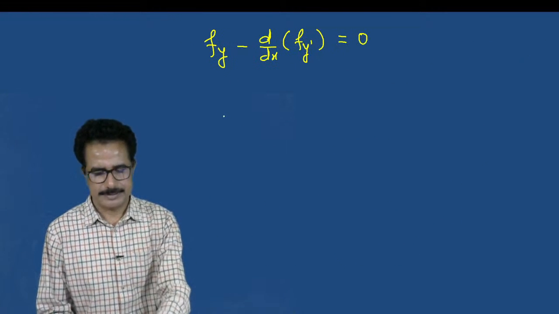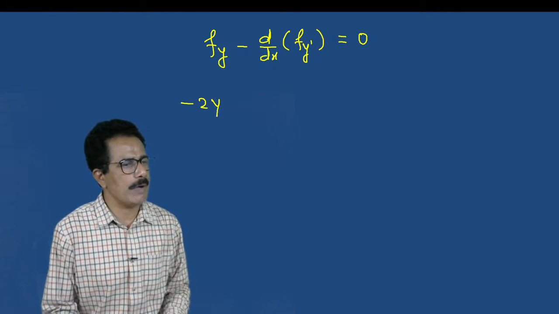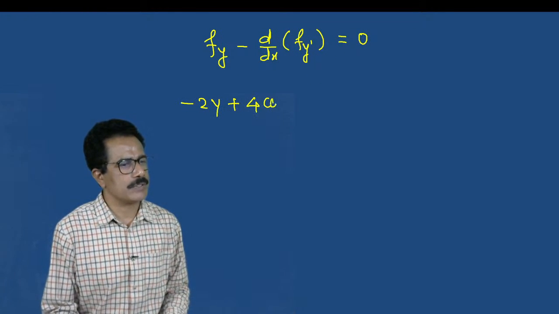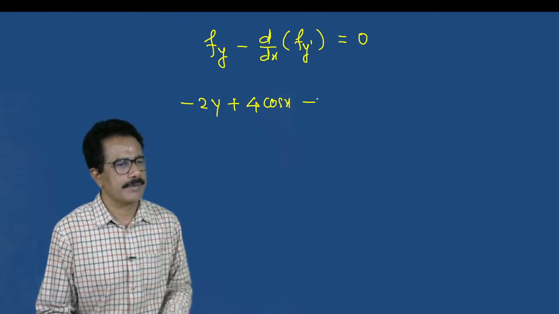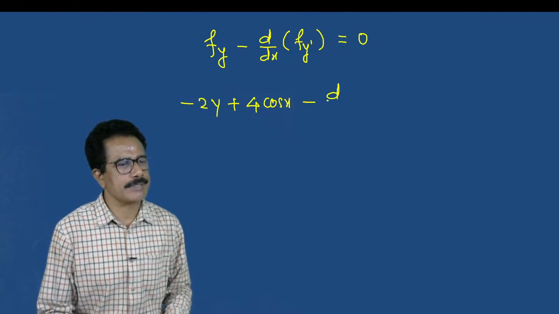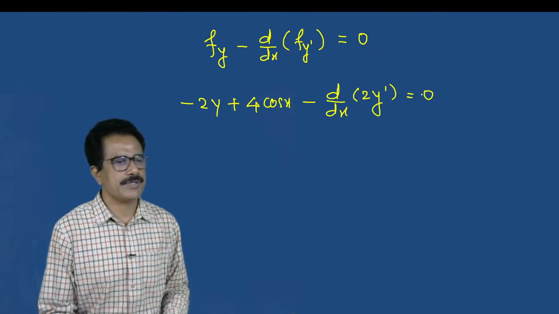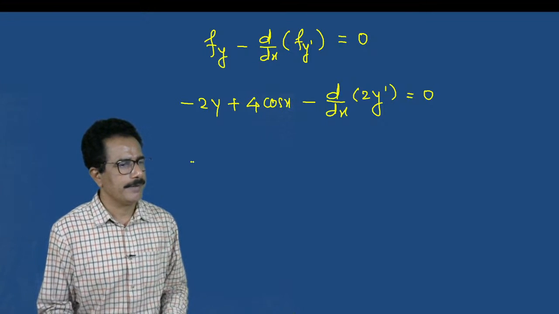Fy means minus 2y plus 4 cos x, minus d by dx of 2y dash, which is equal to 0.